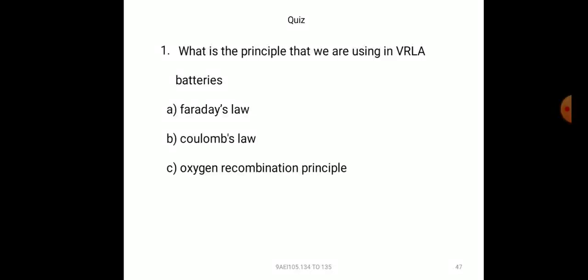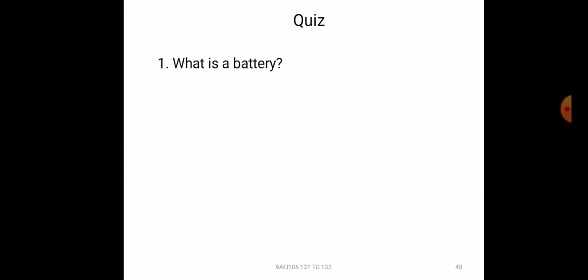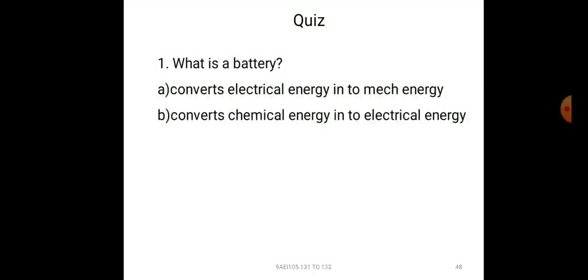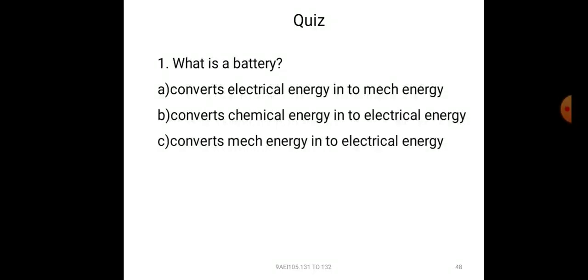That is the oxygen recombination principle we are using. Another question is what is a battery? It converts electrical energy into mechanical energy, converts chemical energy into electrical energy, converts mechanical to electrical energy. All of them, it converts chemical energy into electrical energy.